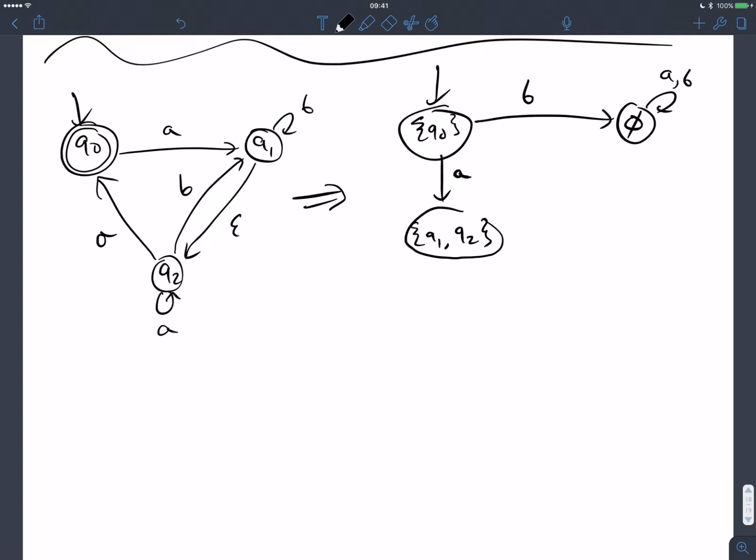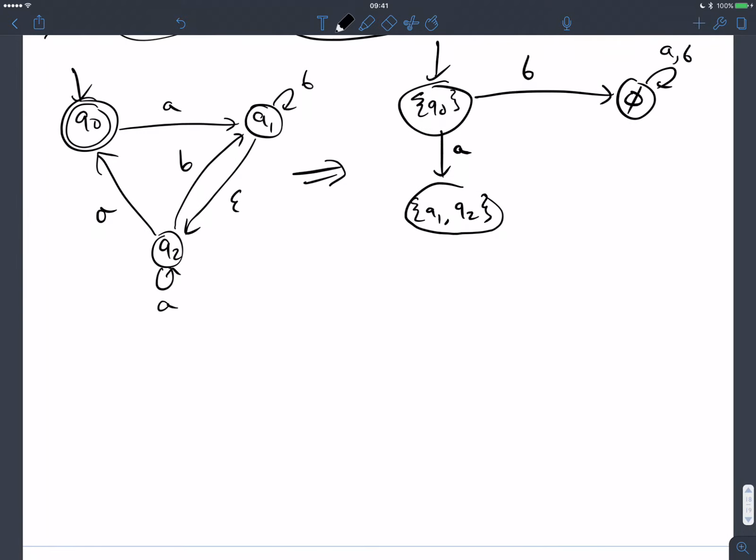All right, Q1, Q2. Where do I go on input A from Q1 or Q2? Q0 and Q2. Where does Q1 go on A? It goes nowhere on input A because there's no transition on A. So I have Q0 and Q2 listed. What is the epsilon closure of Q0, Q2? Itself.